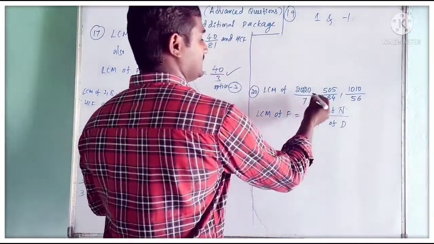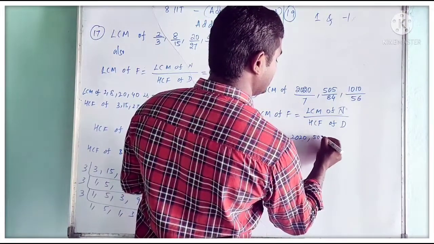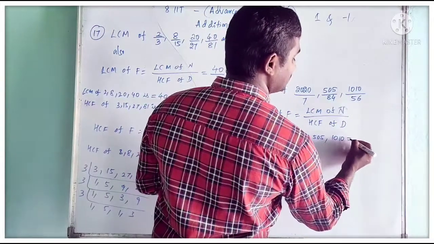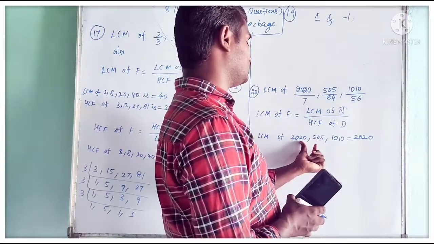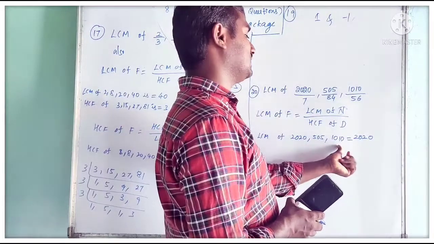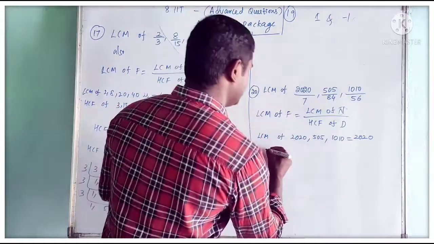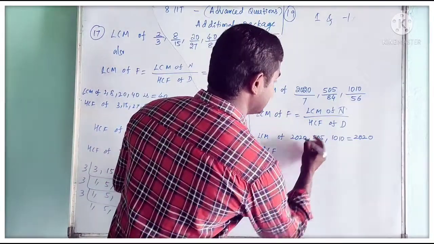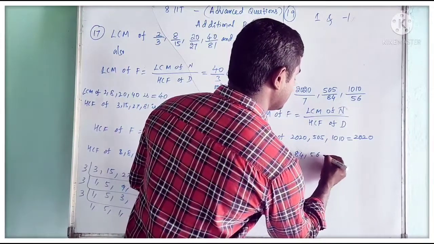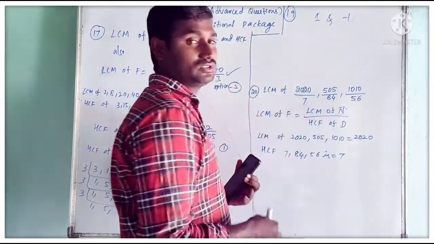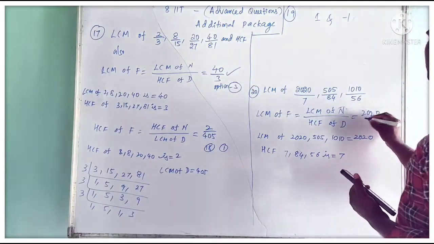LCM of 2020, 505, 1010 is 2020 only, because 2020 is a multiple of 505 and 2020 is a multiple of 1010. And HCF of 7, 84, 56 is 7 only. So the LCM of the fractions is 2020 by 7.